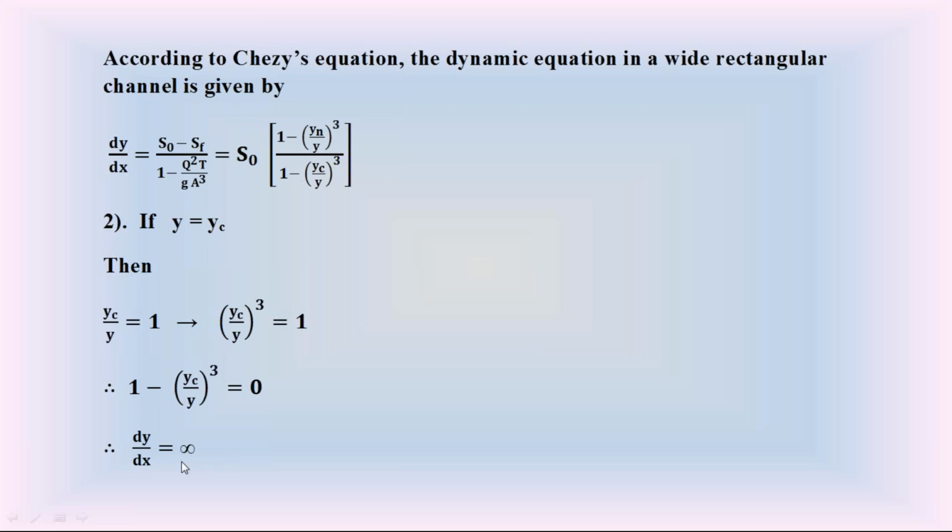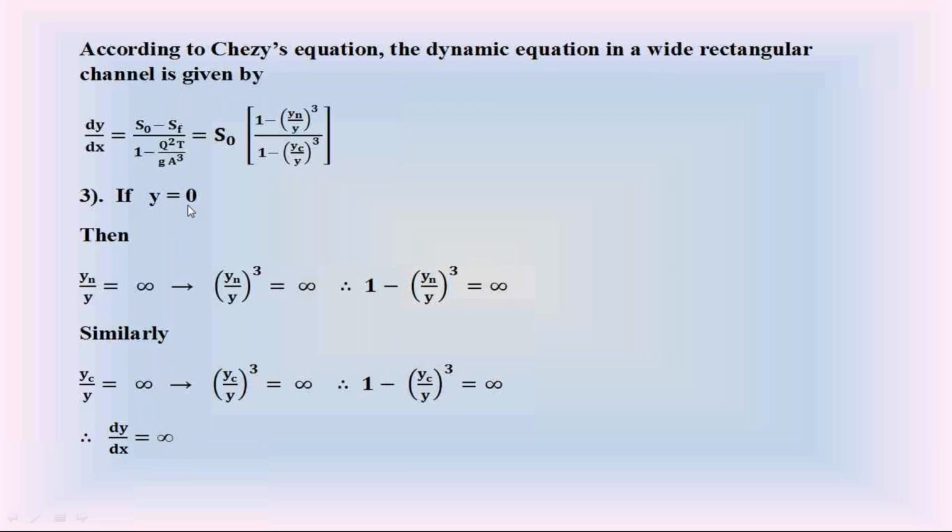Third condition: if y is equal to 0, that is the channel bottom. At the channel bottom, y is equal to 0. What is the slope dy by dx? Something by 0 is infinity.